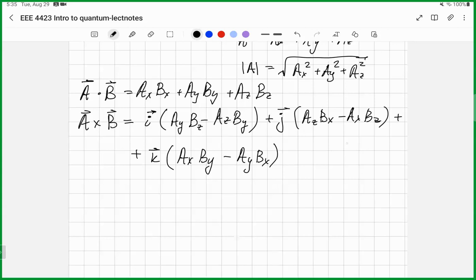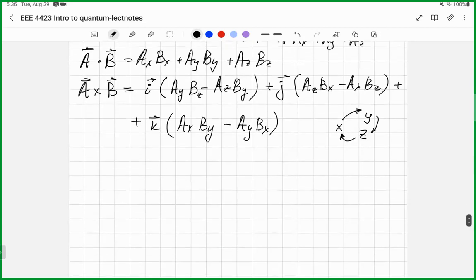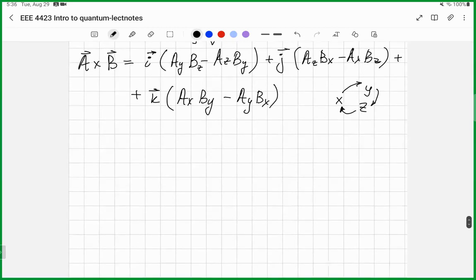So it's a circular substitution of x, y, and z, from x to y, from y to z, from z to x, something like this. So it's very easy to remember even a formula like this, right?